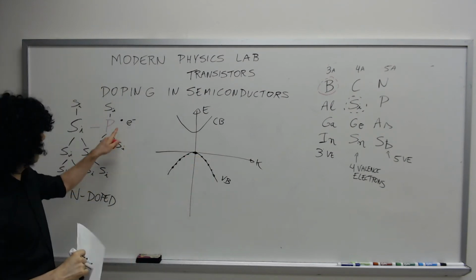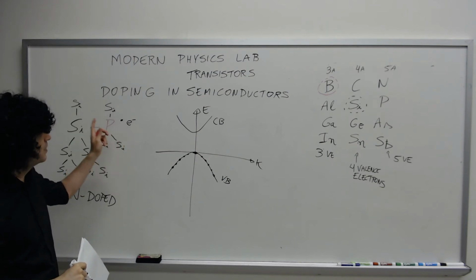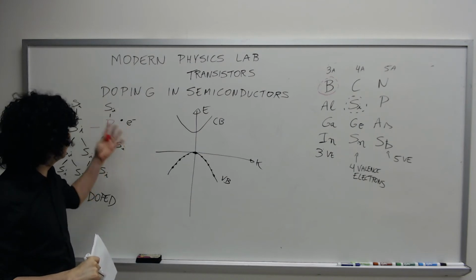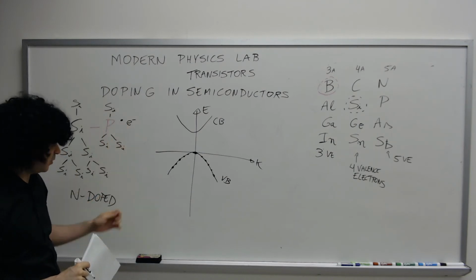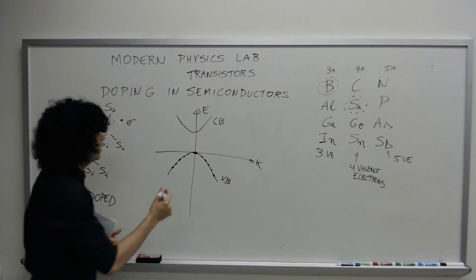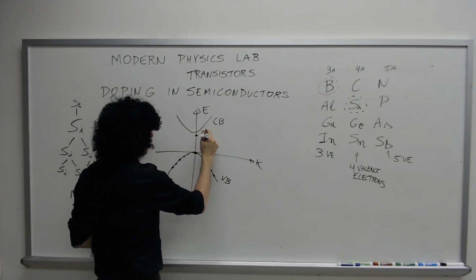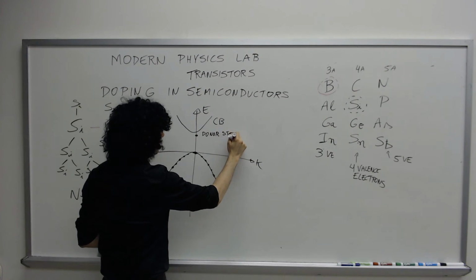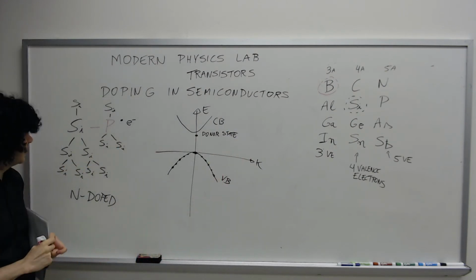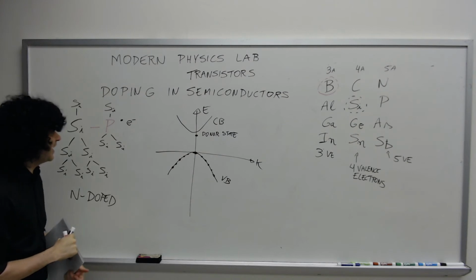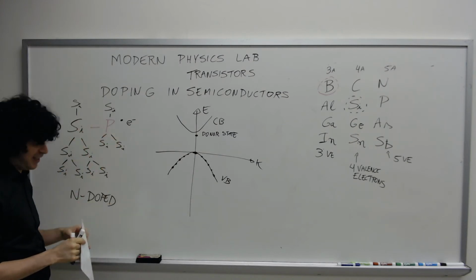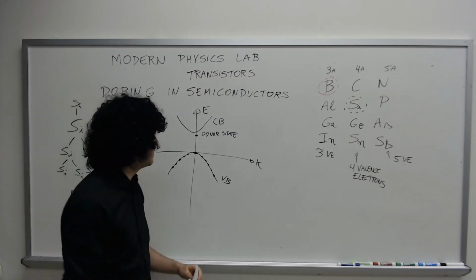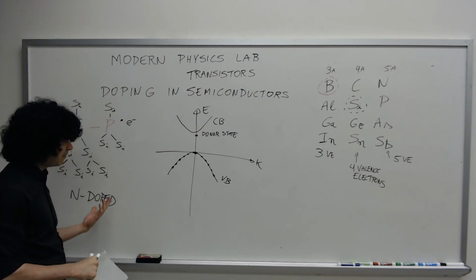So this phosphorus atom is donating 1 electron to the system. So this is called a donor. So the electron will be here, right here, in the band gap. So this is a donor state. And you can show that this electron will behave as if you can model it by an electron in an atom according to the Bohr model.